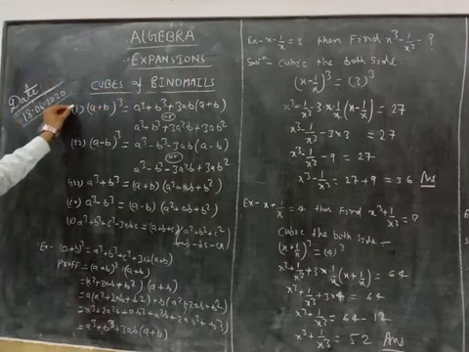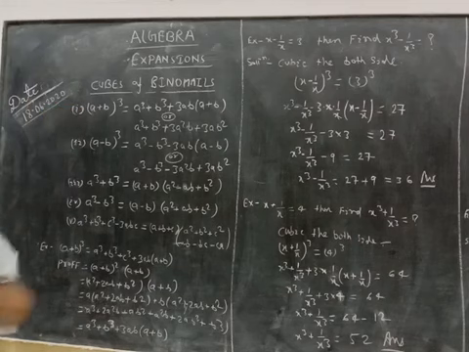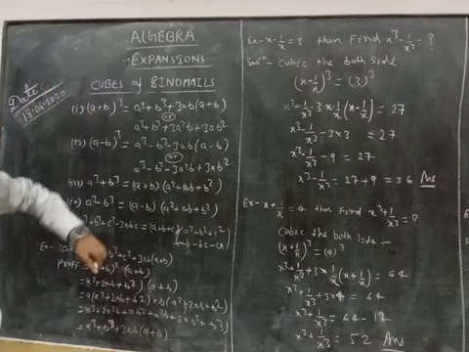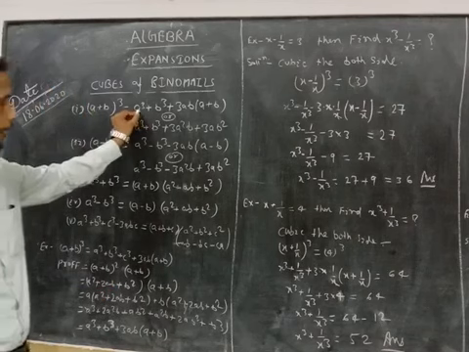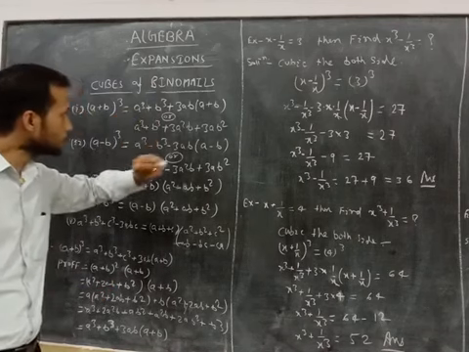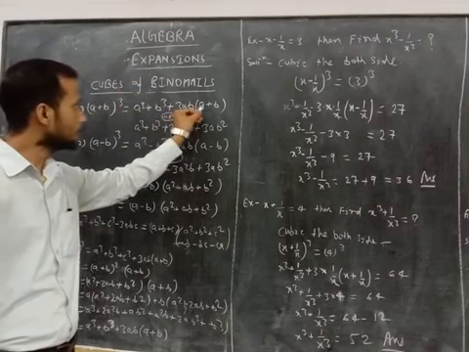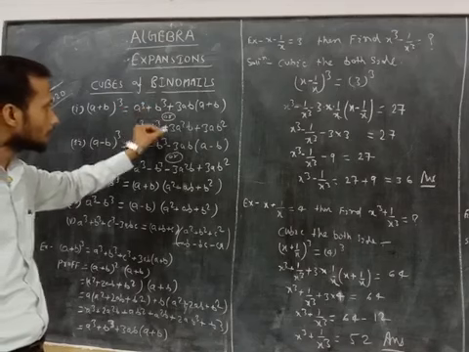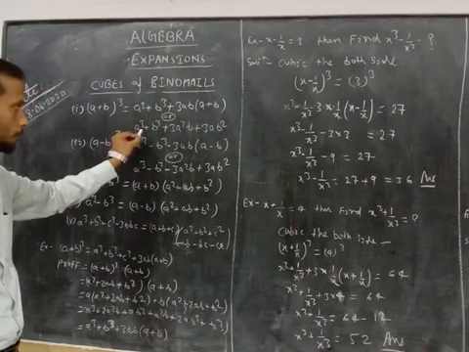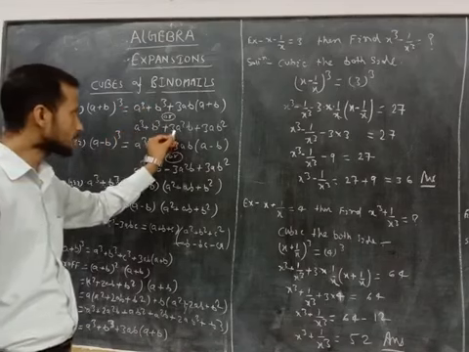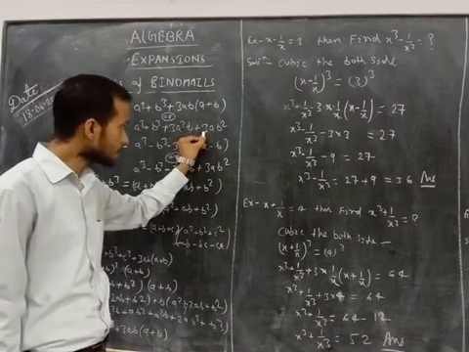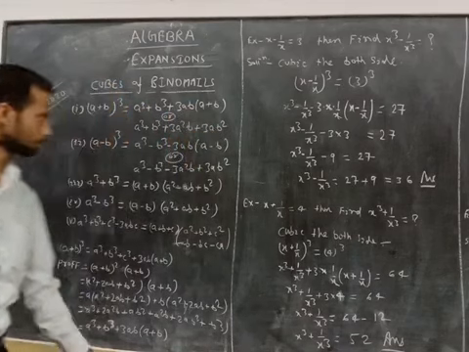First of all, what is the cubic form of a plus b? (a plus b) whole cubed is equal to a cube plus b cube plus 3ab into (a plus b), which can also be written in another form: a cube plus b cube plus 3a square b plus 3ab square.